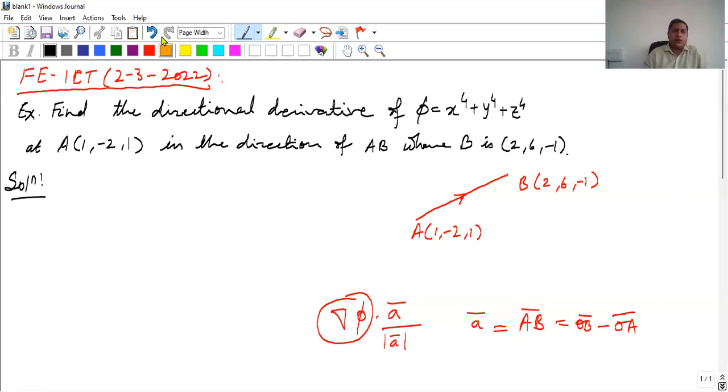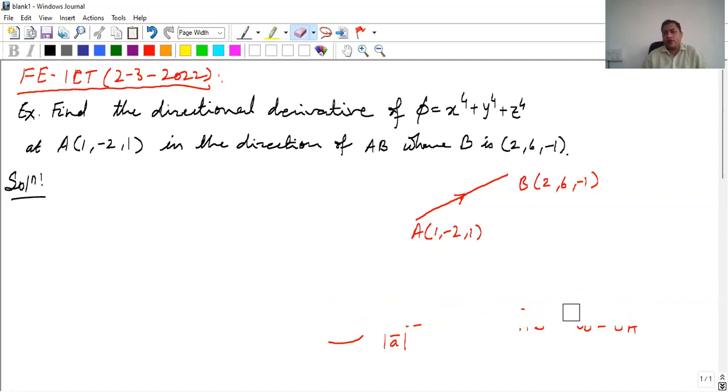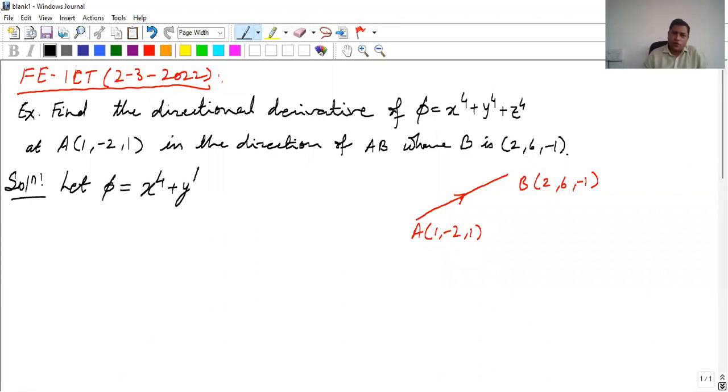So let us try to write the solution for this. Let phi is equal to x raised to 4 plus y raised to 4 plus z raised to 4 be the scalar function.